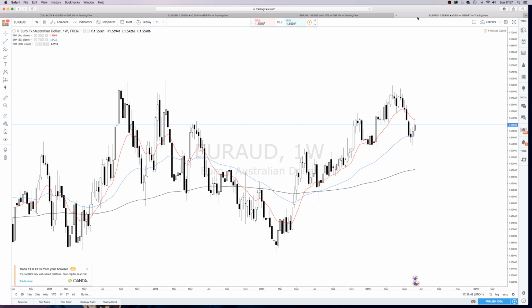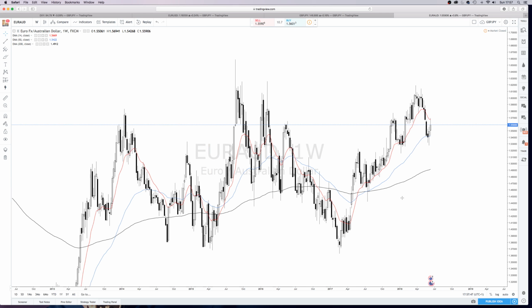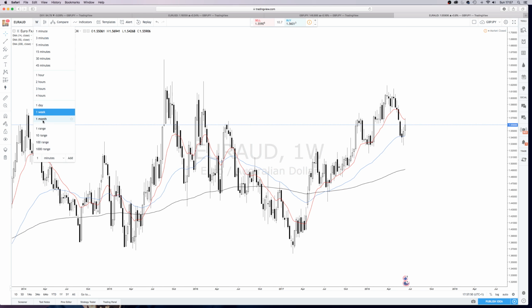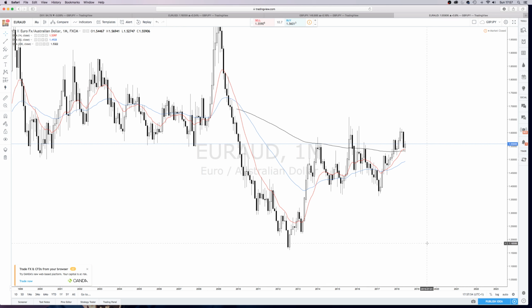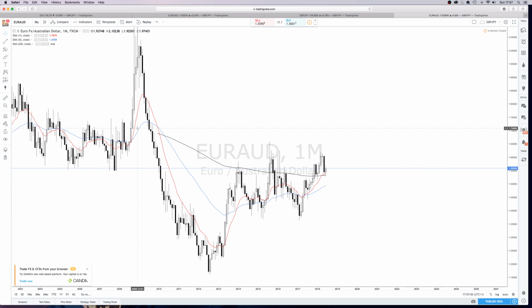Let's just have a quick look at the Euro Aussie. Let's get to the monthly. Let's have a look what we've got. So on the monthly, as you can see, there's been a bit of a downtrend. Price has ranged, I guess, from the 1.6 flat level.